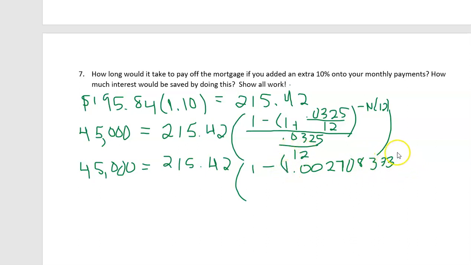And that is still being raised to the negative 12n. And the bottom is that same number without the 1 on it.